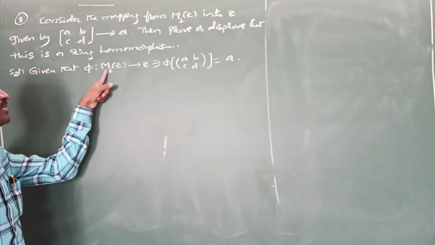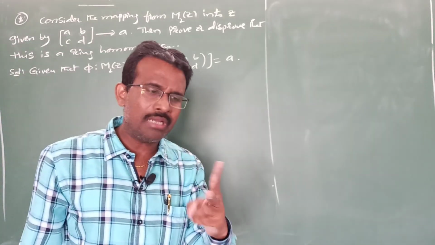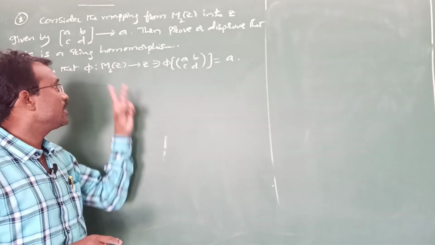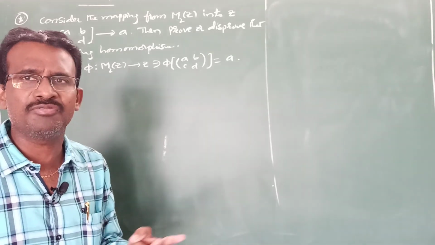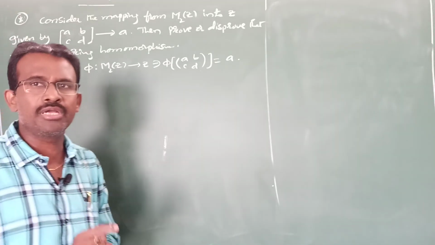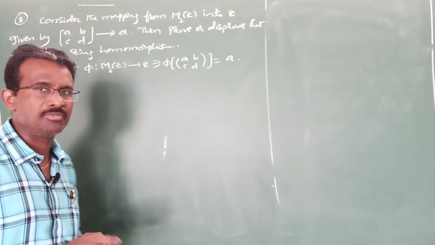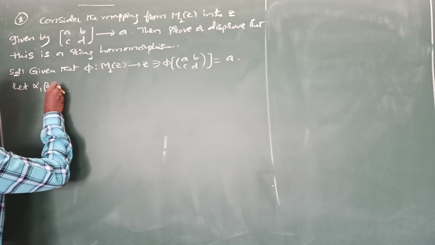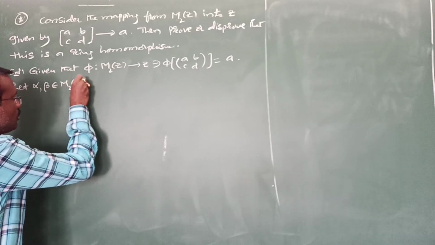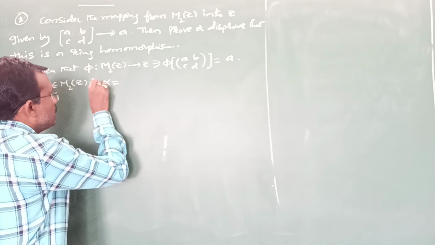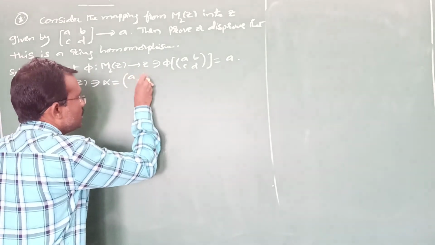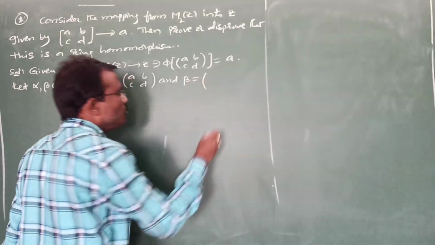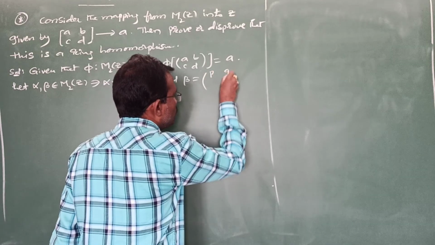For that, again in the domain set we have to take two elements. I am taking them as alpha and beta for variety, instead of x and y or a and b, because the domain M2 of Z contains matrices. Generally we denote matrices with alpha, beta, gamma like that. Take alpha, beta belonging to M2 of Z such that alpha is the general element a, b, c, d, and let us take beta with new notations p, q, r, s.